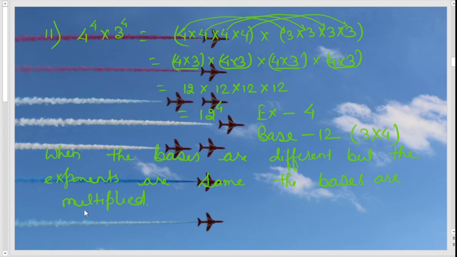That means a to the power m into b to the power m is equal to ab to the power m.